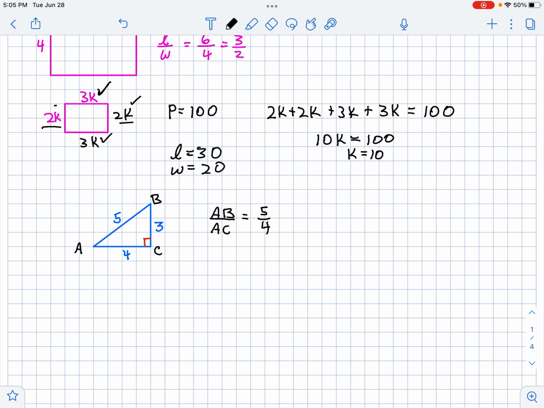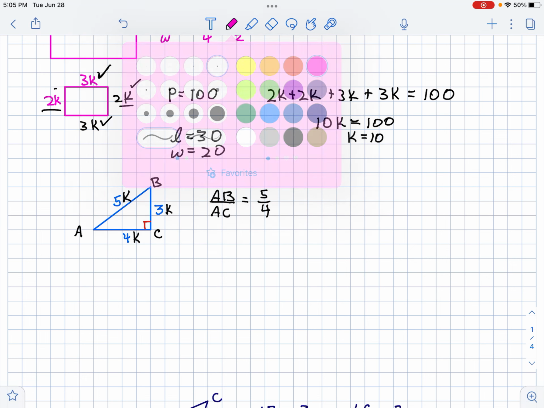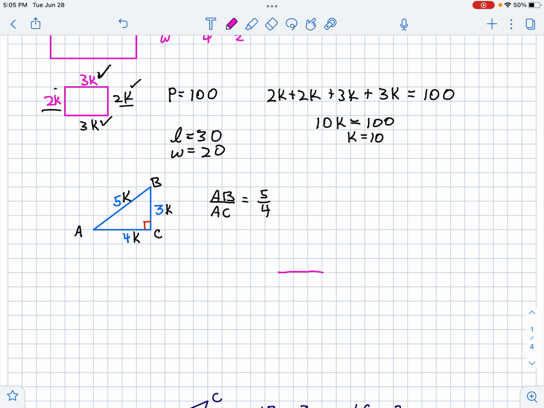Now, I want to come up with a triangle that maintains that. So here's what I'm going to do. I'm going to put a K here, a K here, and a K here. And let's suppose that K is equal to 2. If K is equal to 2, we don't have 4 here, we have 8. So we've got 1, 2, 3, 4, 5, 6, 7, 8. And then instead of 3, we've got 6.